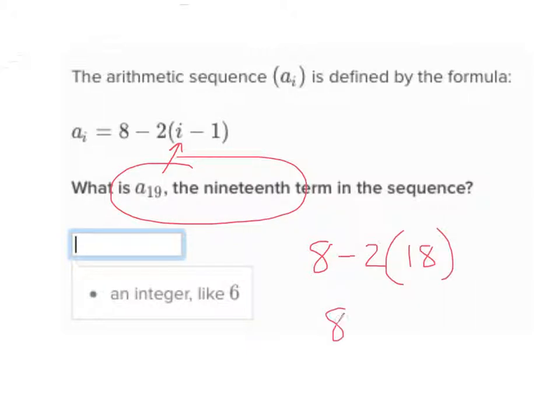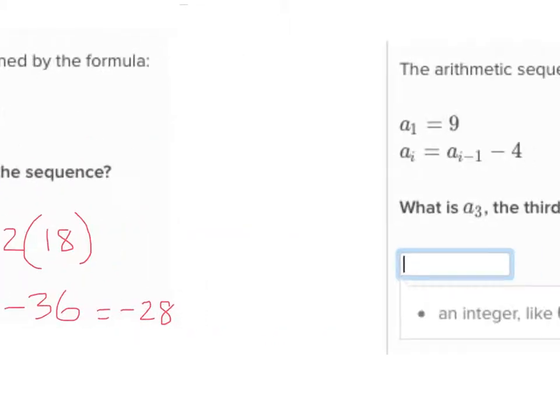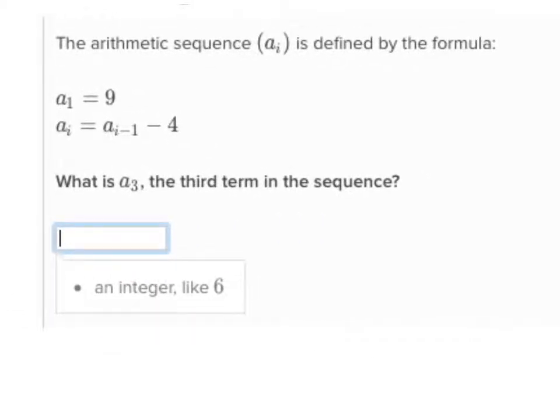So I've got 8 minus 36, which equals negative what? 28. So negative 28. Okay? And so when it's written in this form right here, all you have to do is plug the term you want in right there in for I.